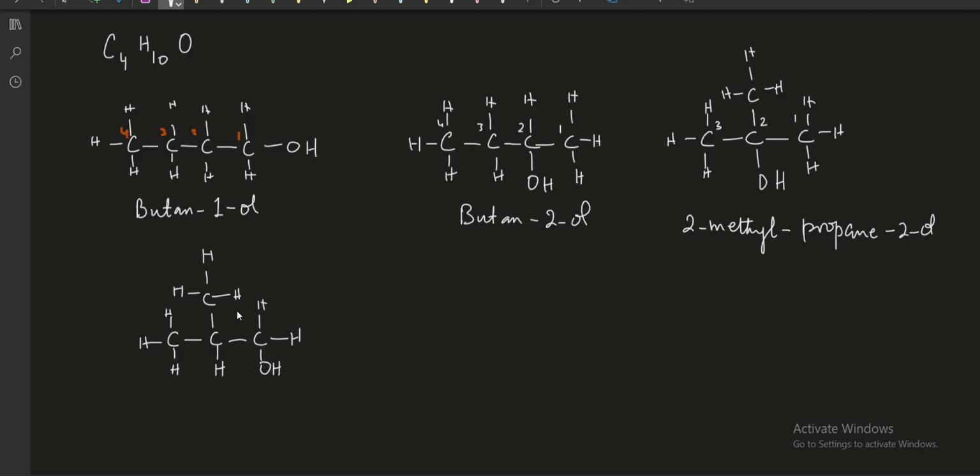Okay, so there are 10 hydrogens if you count: 1 2 3 4 5 6 7 8 9 and 10. Now if I number it, it will be 1 2 3. So that means it is 2-methylpropan-1-ol.